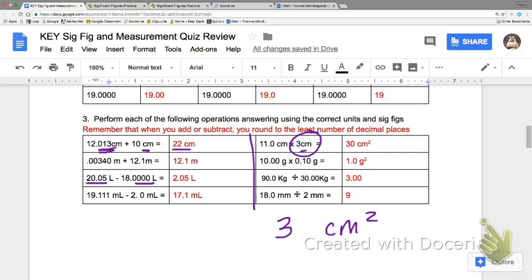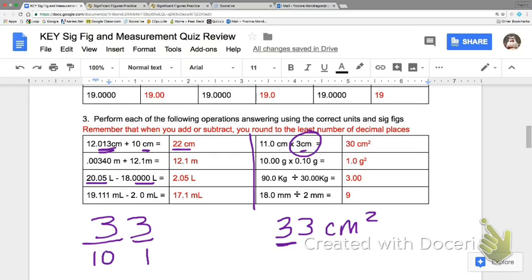But it's not 3. So let's see the place value that this actually occupies. If we're looking at 33, this 3 is in the tens place, and this 3 is in the ones place. So we want to round it down, but we don't want it to lose its value. Think money: if you had $33 and you gave it to me to round and I gave you back 3, I think you'd be a little disgruntled.